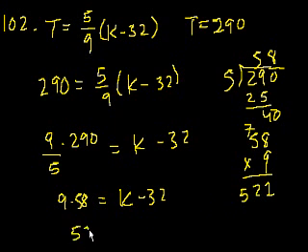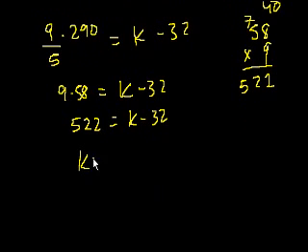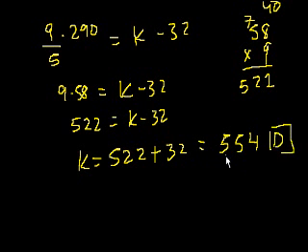So 522 is equal to k minus 32. So k is equal to 522 plus 32, which is equal to 554, which is choice D. After doing all that math, I was afraid that I'd made a careless mistake, but it's reassuring to see that 554 is one of the choices.